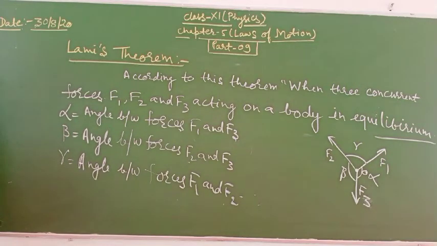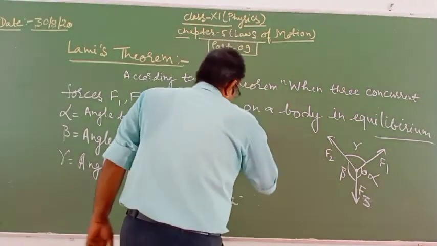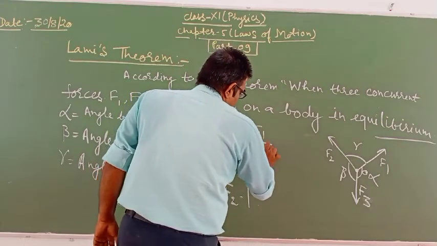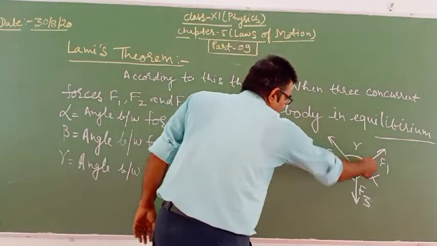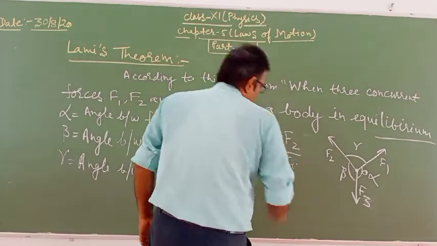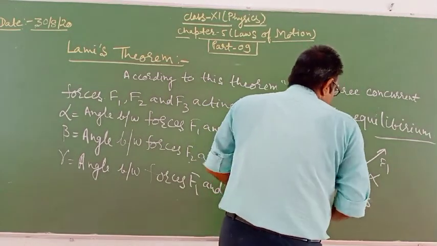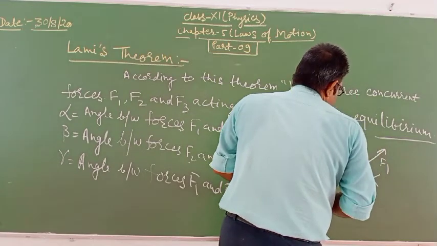So according to Lami's theorem, F1 upon sine of the just opposite angle is equal to F2 upon sine of its opposite angle.